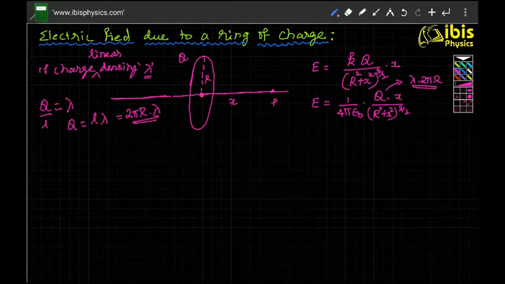Now there are two major cases where we would like to find the electric field. It depends on this x. If x is far away from the ring, x gets very large, so that compared to x, r is very small. So there are 2 points where we would like to find out the electric field. One is at far away points from the ring.